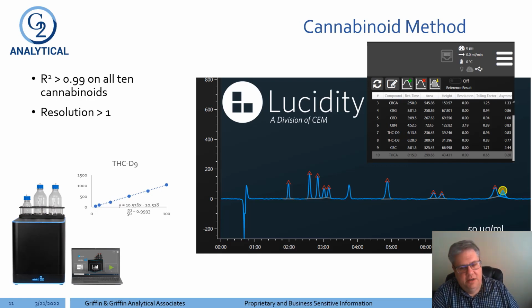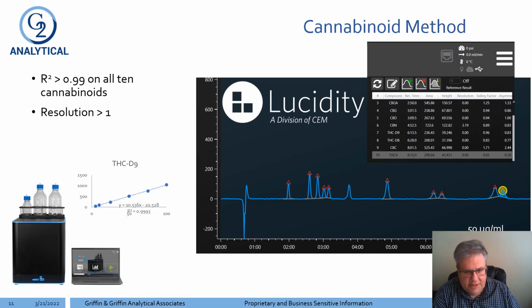It has an autosampler, it has a column oven, it has a photodiode array detector. So it has all of the things you would think that you need for regular HPLC, just in a smaller, less expensive form factor. So obviously that's of interest to me.